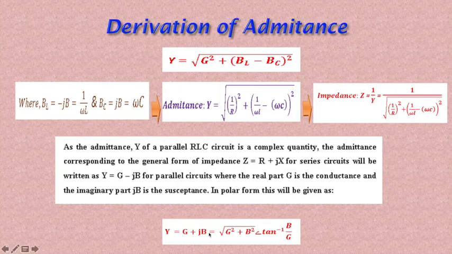So this is the rectangular form and this one is the polar form. So polar form is root over G square plus B square, angle of tan inverse B by G.